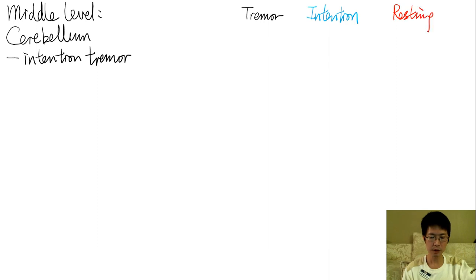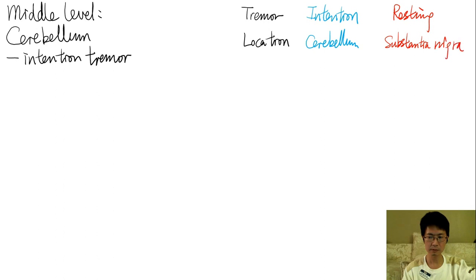Intention tremor, because you have something wrong with your cerebellum. We call this location. Resting tremor, you have something wrong with your substantia nigra. Your substantia nigra is dying. And then what else?